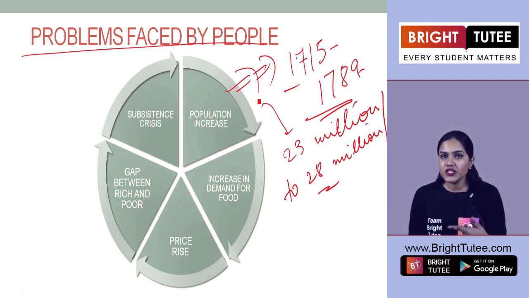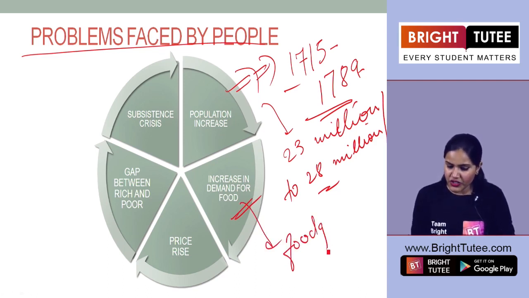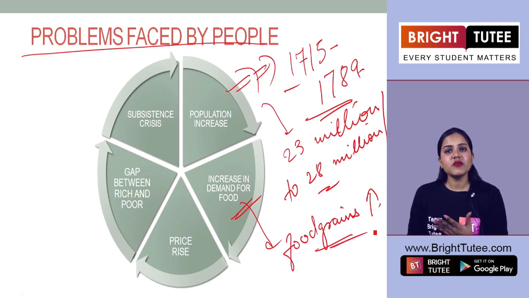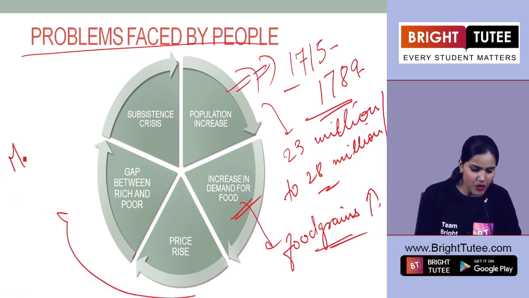Now, when the population is increasing, what will happen? The demand for food grains is also going to increase because all these people need food to survive. This is the basic necessity, right? So as a result of the population increase, there is an increase in the demand for food grains. Since there is an increase in demand, there is more production.